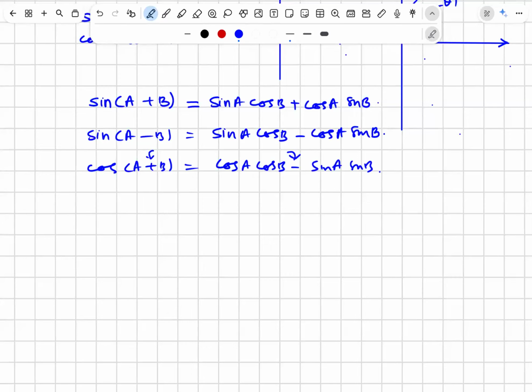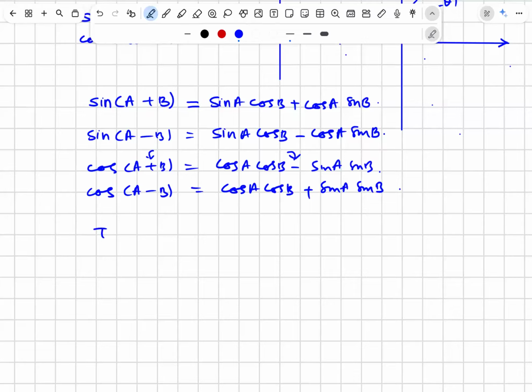But why am I brushing up this? Because when I teach something related to this, you must have an idea that these things are done. Similarly, cos A minus B is cos A cos B plus sin A sin B.